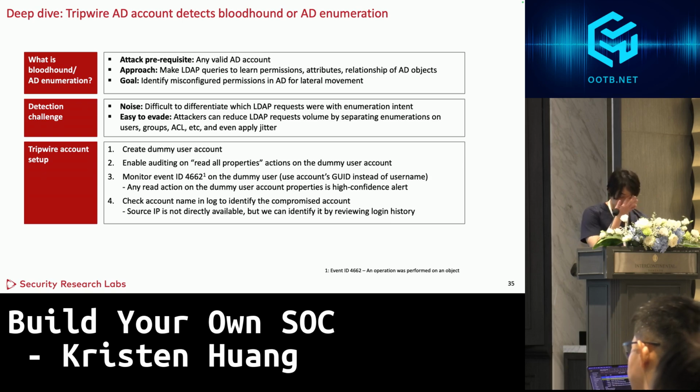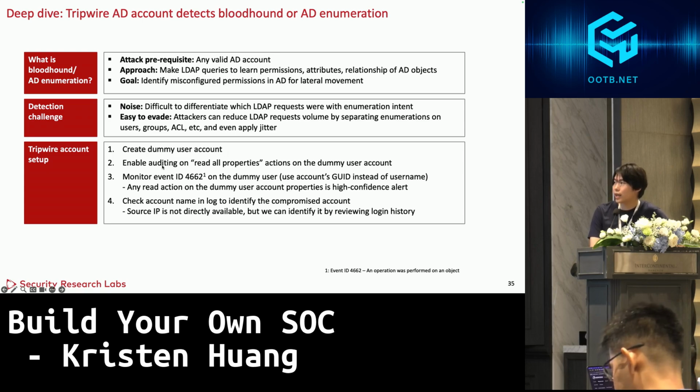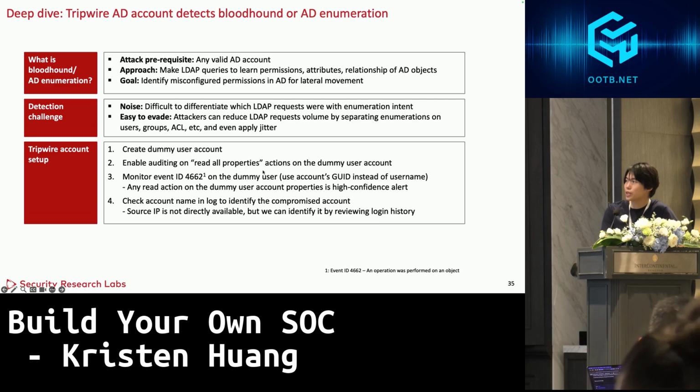Again, the detection setup will be like this. You can create a dummy user account and enable auditing on read all properties, so that if anyone tries to read the properties of this account, you know someone is enumerating the network. When people run Bloodhound or SharpHound, they are automated tools that do massive read actions on all the accounts.